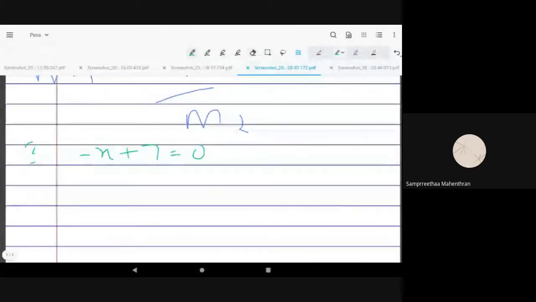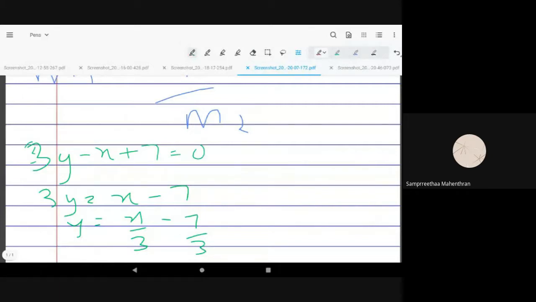So 3y equals x minus 7. Y equals x over 3 minus 7 over 3. So this is for the first equation, first line.